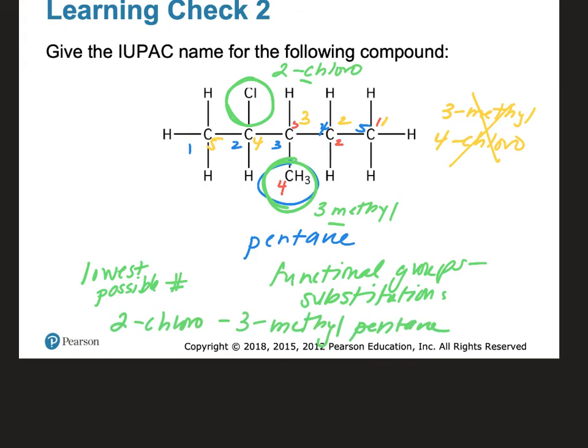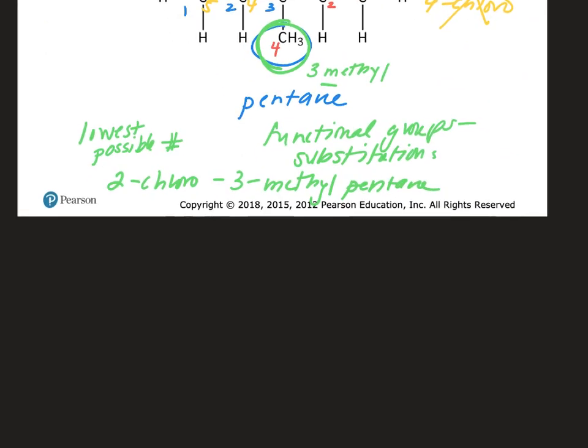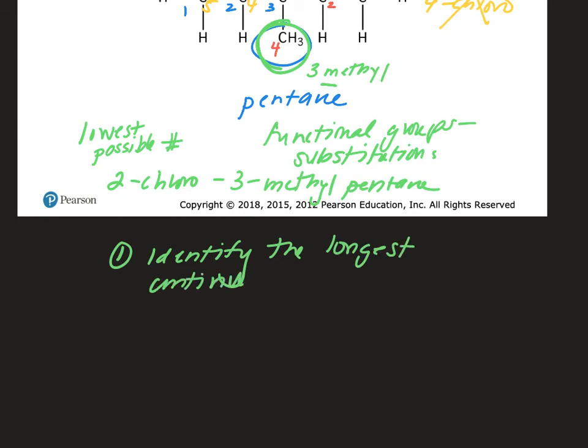Right. So the steps for doing this are going to be to identify the longest continuous chain of carbons. That is going to form the root or parent name. In this case, it was pentane.